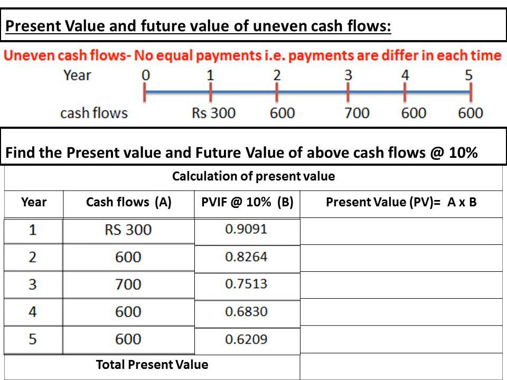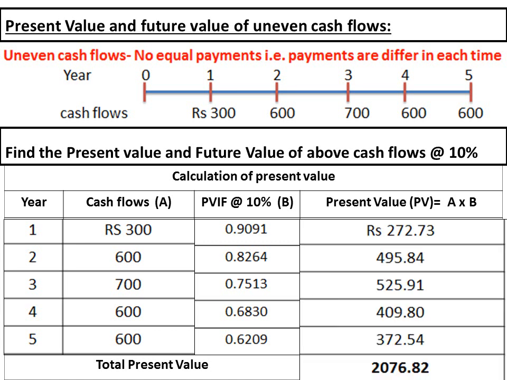The present value is the product of A into B, that is, 300 into 0.9091, 600 into 0.8264, 700 into 0.7513, 600 into 0.6830, and 600 into 0.6209. You have to sum them. Now you got the total present value as rupees 2076.82. This is the easiest method to calculate the present value from the tabulation method for uneven cash flow.